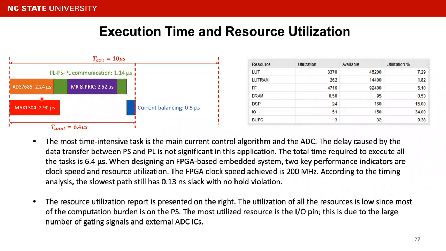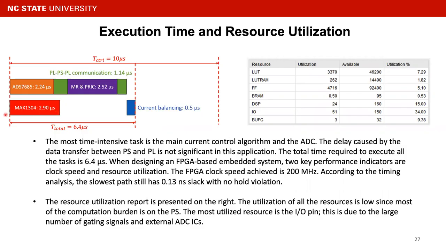As you can see, this ADS7685 IC chip is in charge of the sampling of the grid voltage and grid current, while the MAX1304 is in charge of the sampling of all 9 subphase currents.